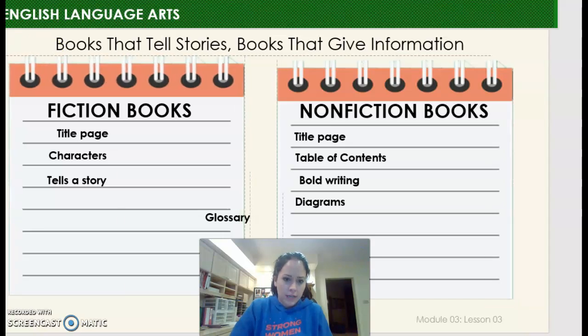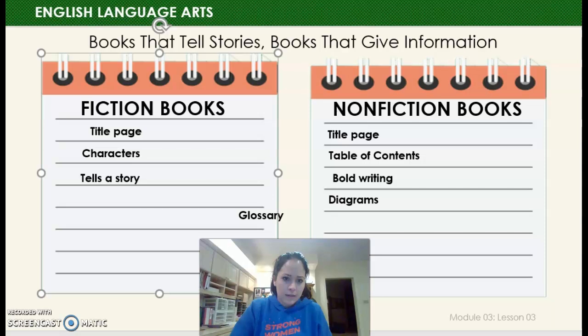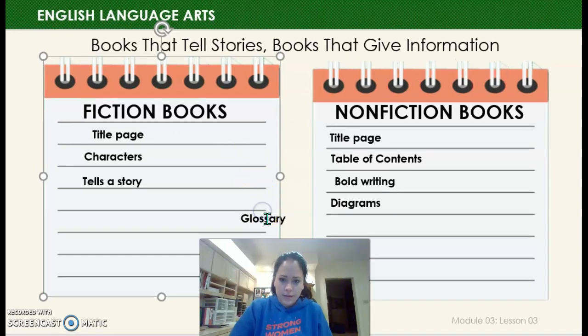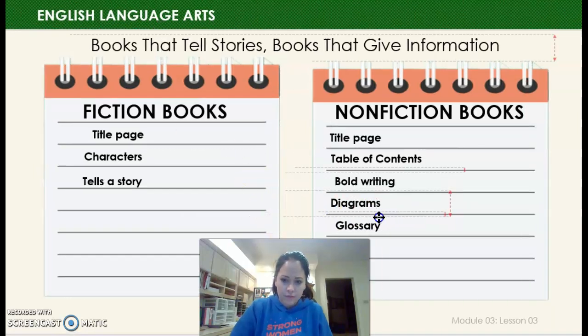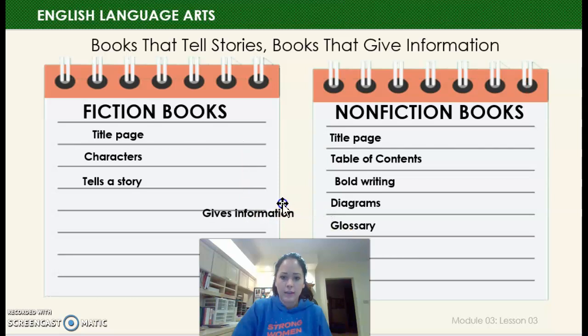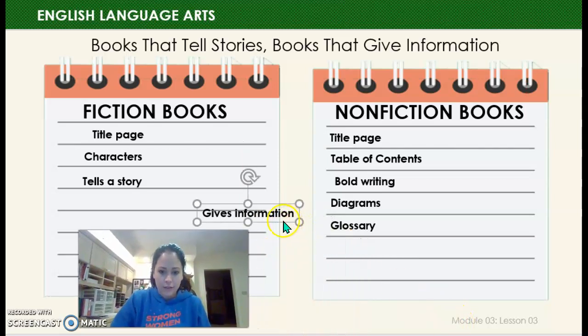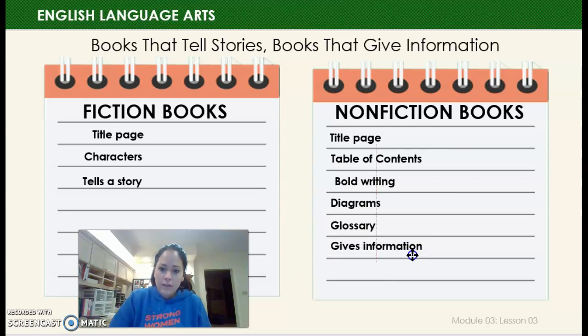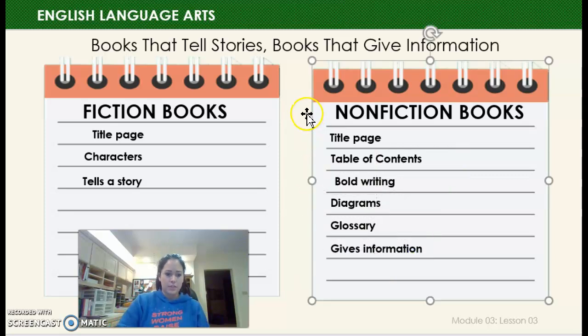Hopefully you said nonfiction. Okay, almost done here. Last one. What type of books give information? Now, hopefully you know that because it's this one, a fiction book tells a story, nonfiction books give information. Good job. Give yourself a pat on the back if you were able to sort those with me.